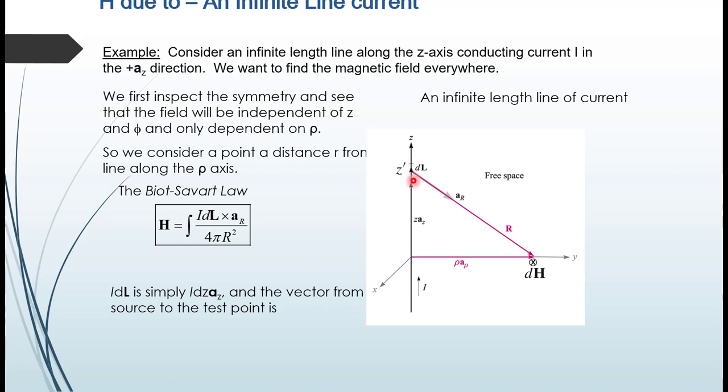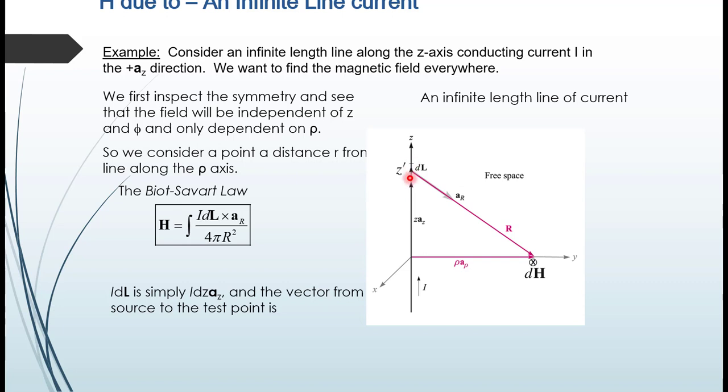Now we have to join this I dl to point P. Suppose we want the intensity at this point, so I join these two points, and this is our vector r bar. Then we can draw a perpendicular from point P onto the z axis. So this is our perpendicular distance, the minimum distance between this current element and point P.